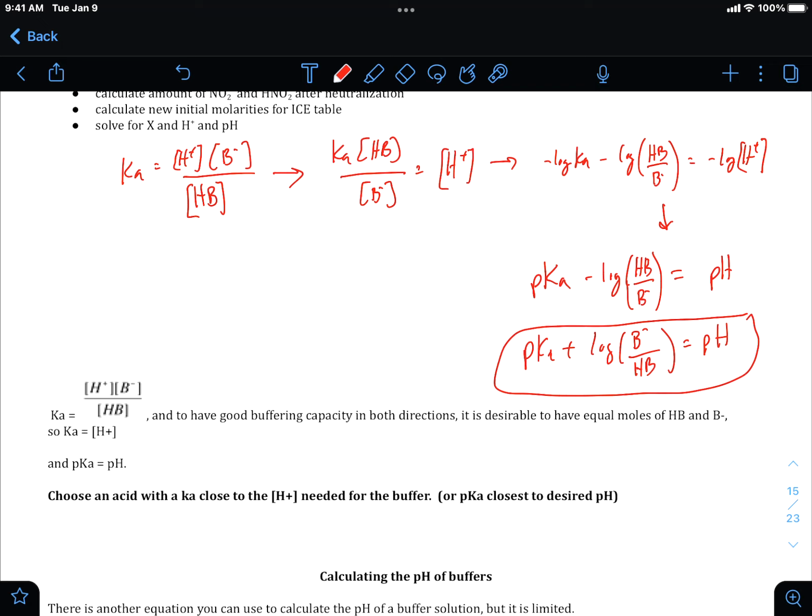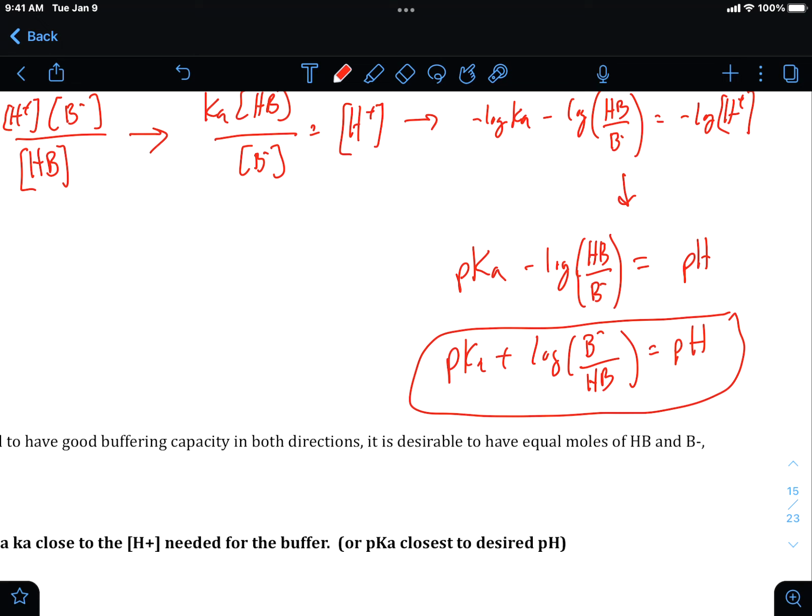It avoids ice tables. It's a lot less calculations. And here's why. I forgot my brackets here. Right? These brackets in here, what do brackets mean?